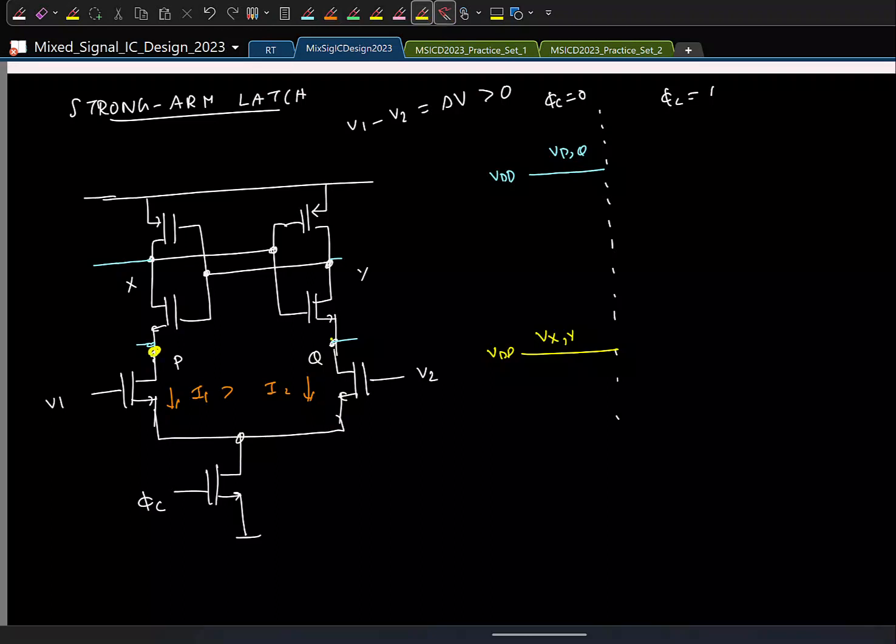So what can you say about these voltages? They'll start to drop. So VP and VQ will start to drop and P will drop faster than Q. So in that case, what can you say about X and Y? If they have to drop, this NMOS must be drawing currents. But is the NMOS transistor on or off?